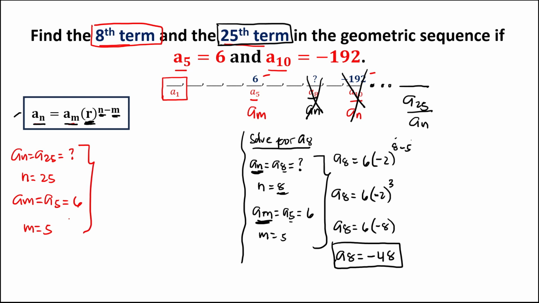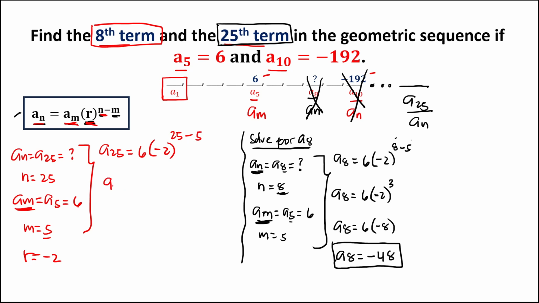To find out the 25th term, again r, or the common ratio, is negative 2. So we have a sub n, this one is a sub 25, equals a sub m. So a sub m is 6, times the common ratio, which is negative 2, to the power n, 25, minus m, 5.